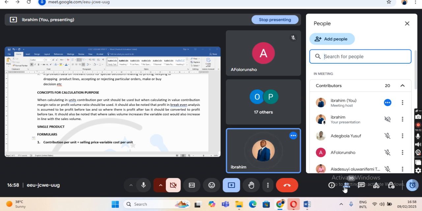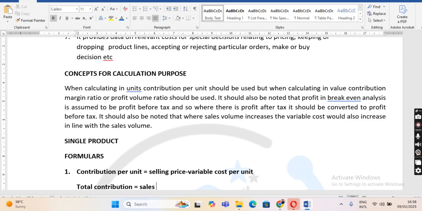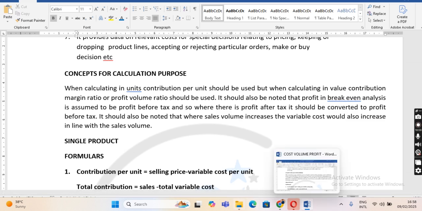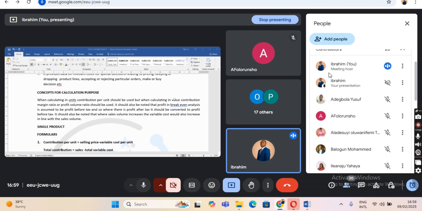But in a situation whereby you are given the total, right? Total contribution, let's use total contribution. Total contribution equals sales minus total variable cost. You can see that it is different from the first one. The sales is your total sales in value, not per one. Let's say your selling price is 5 naira.